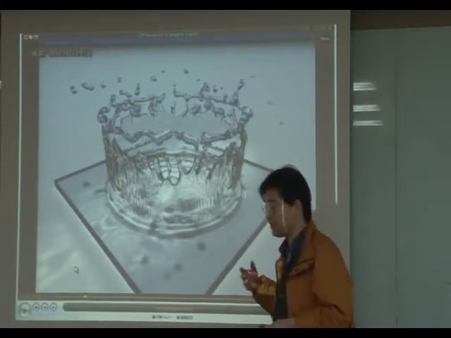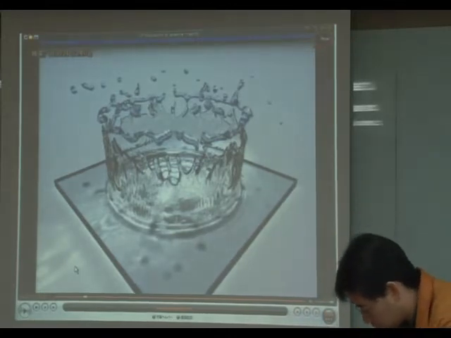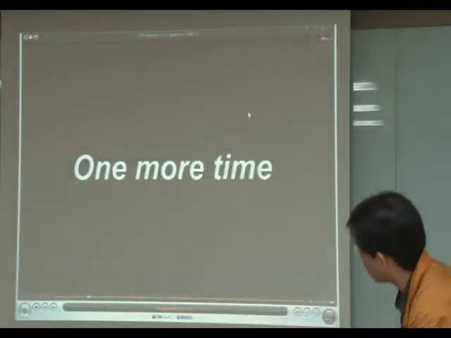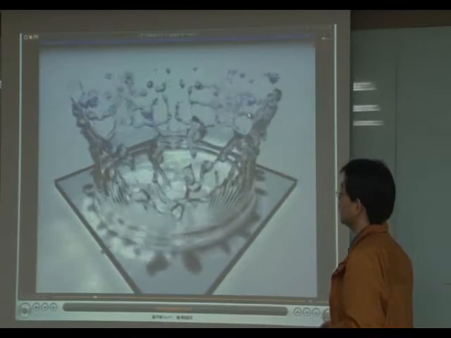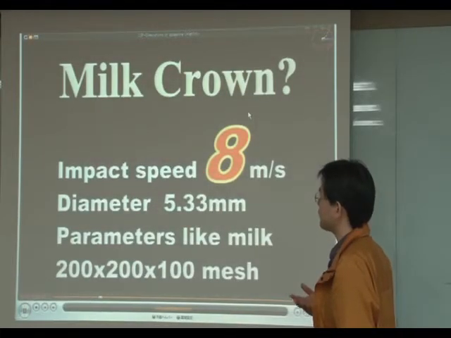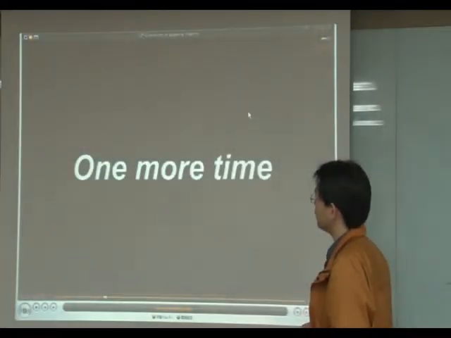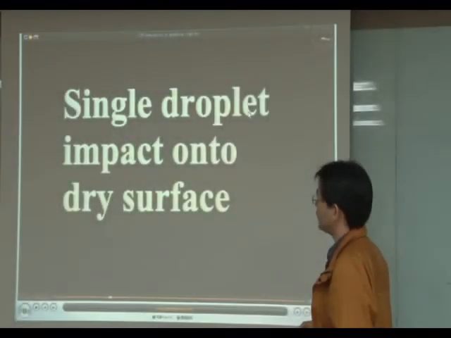They are calculated in the ray tracing. Also, in this case, they are calculating free surface tension. If we do not consider surface tension, the shape is very different.